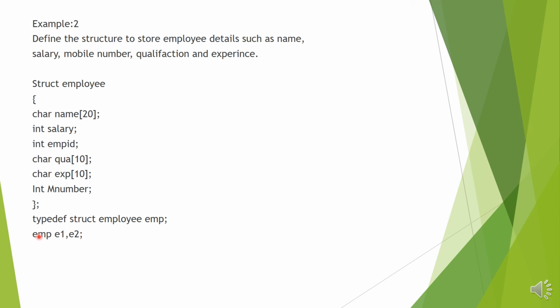Afterwards you can use emp e1, e2. This indicates that e1 and e2 are two variables of type emp, whereas emp is nothing but the employee structure. So e1 and e2 are the two variables used to store the employee details such as name, salary, employee ID, qualification, experience and the mobile number.